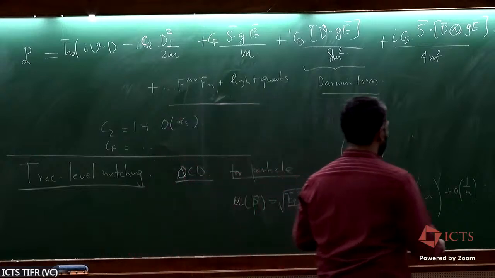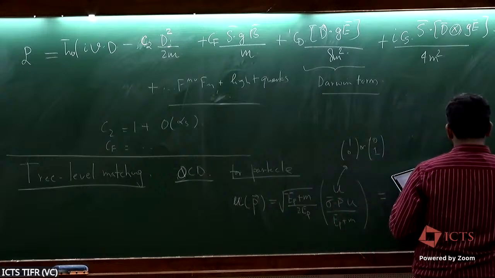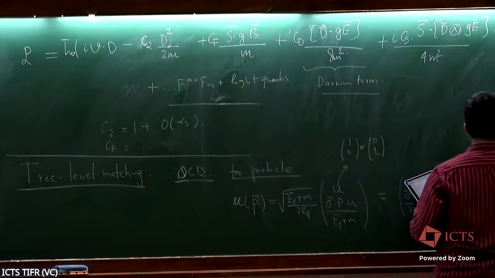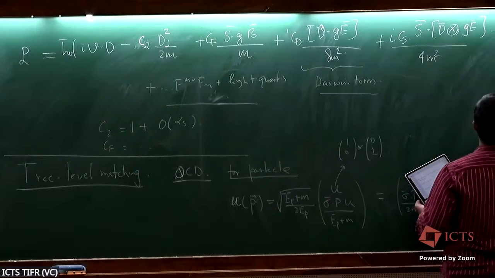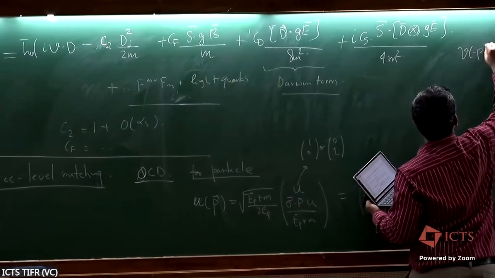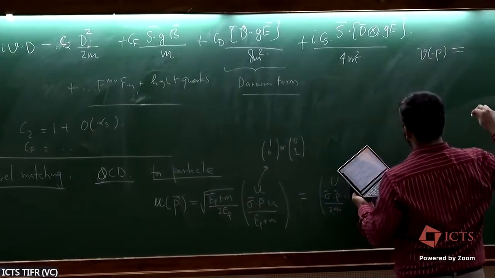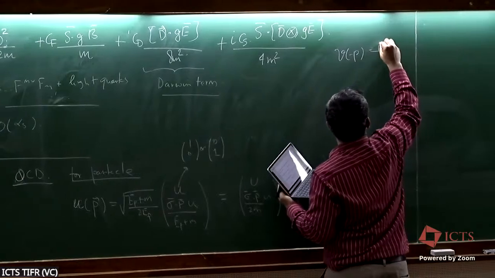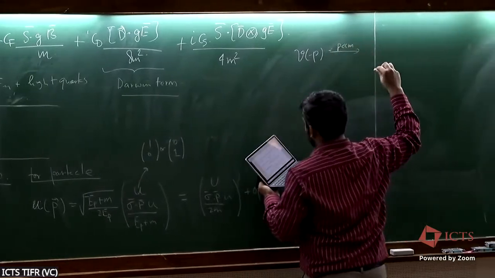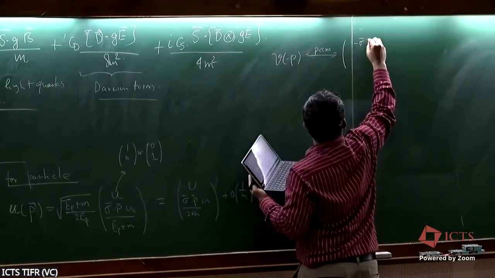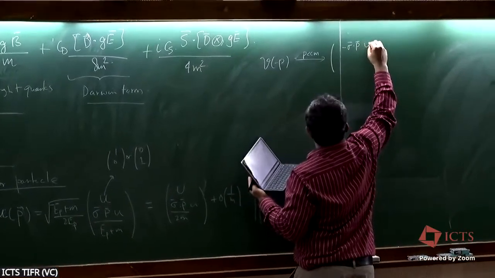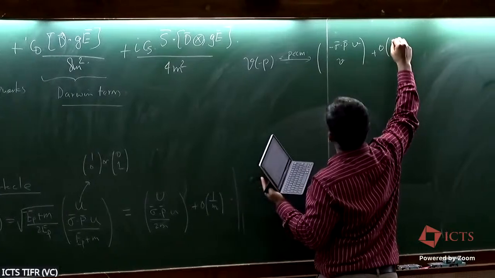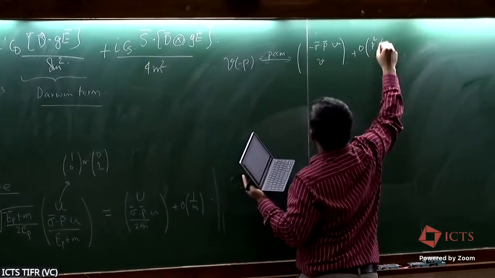Similarly, the other one, which is for the antiparticle, the v is, let me just write down the expression in the p less than m limit, minus sigma dot p v, plus order p squared over m squared.